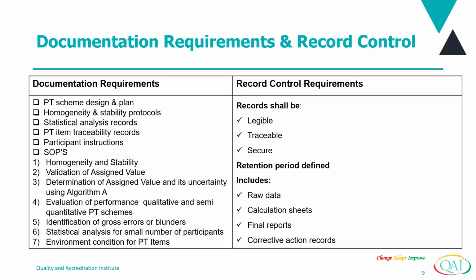And again, how to apply it and how to do your calculations. So this is important: if algorithm A is used and homogeneity fails, how to go for a new algorithm, because it's all interrelated. So everything should be clearly mentioned in your SOP so that your statistician can apply this methodology clearly.